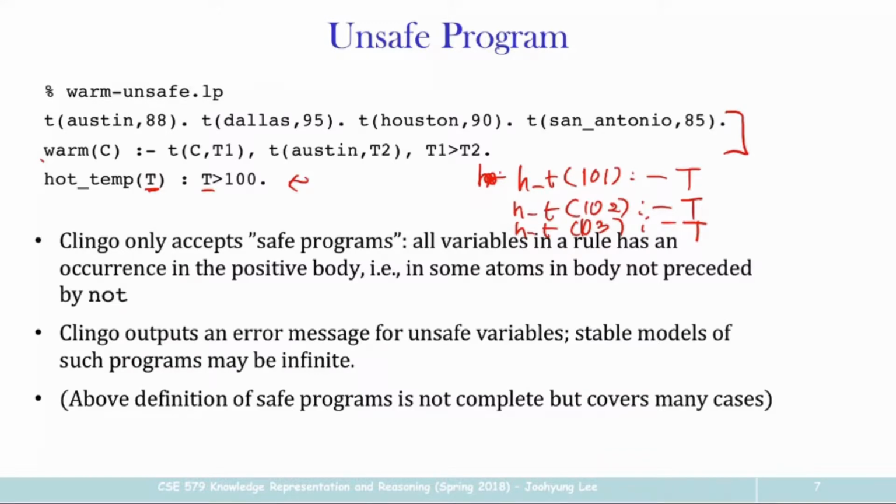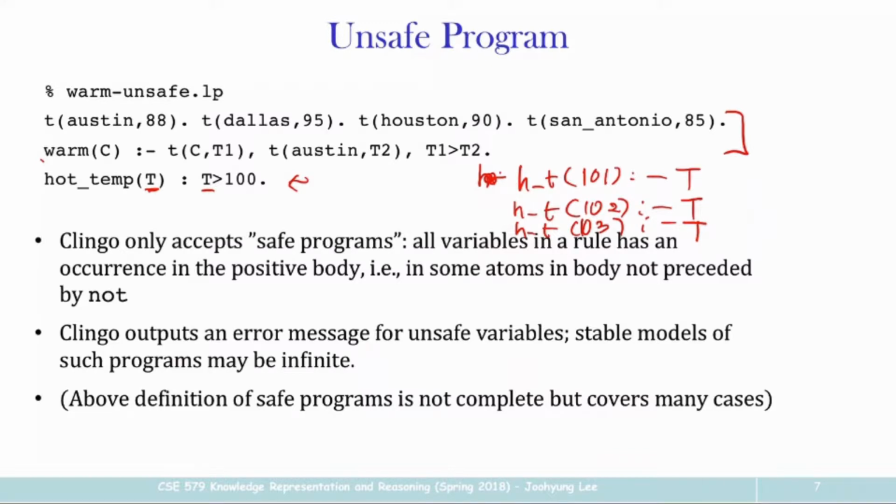One thing to remember is that when the Clingo program runs and it complains that the program is unsafe, it basically means the propositional image may be infinite, so Clingo cannot generate a finite number of rules.